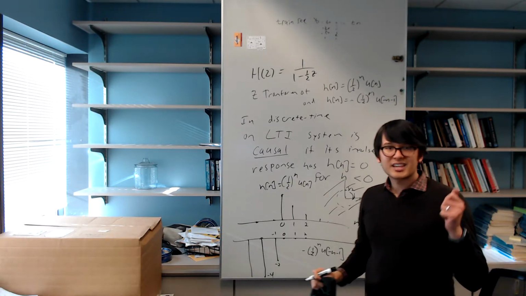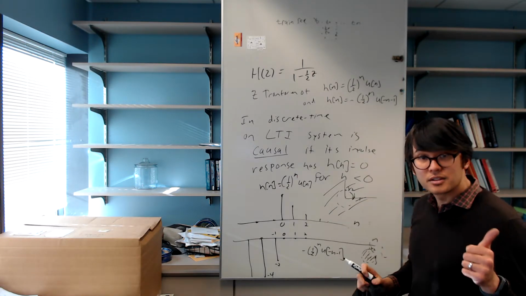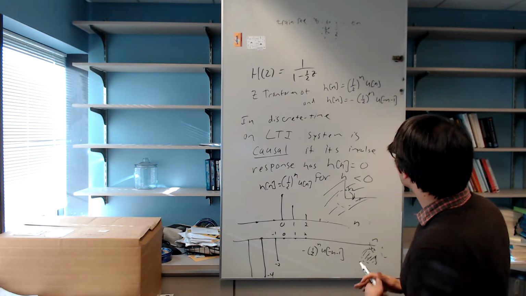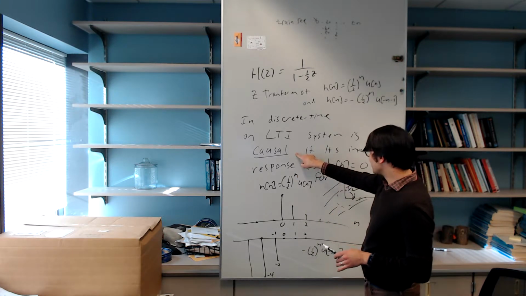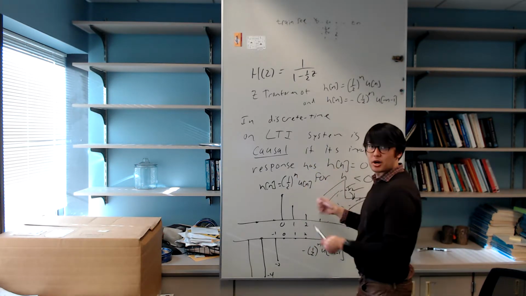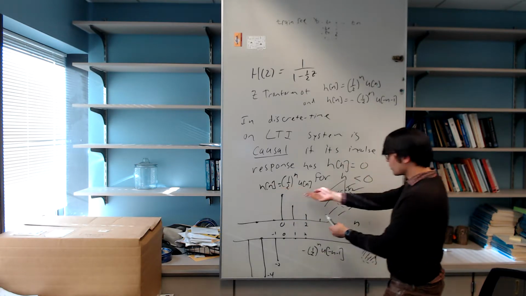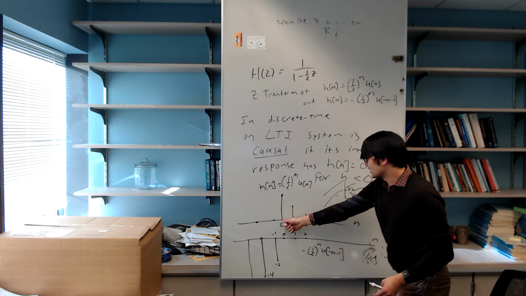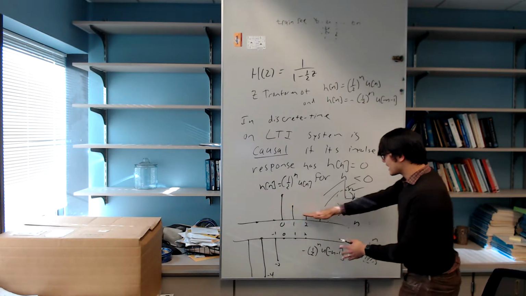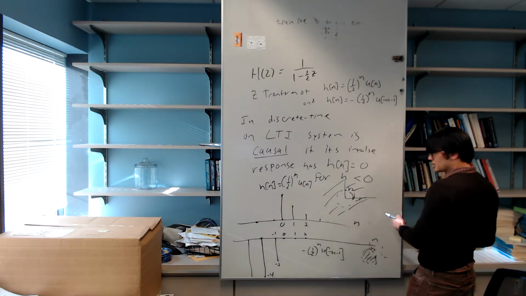So the key feature is that for causal systems, the impulse response goes forwards in time, meaning that it's zero everywhere, and then it's non-zero only for n greater than or equal to 0.